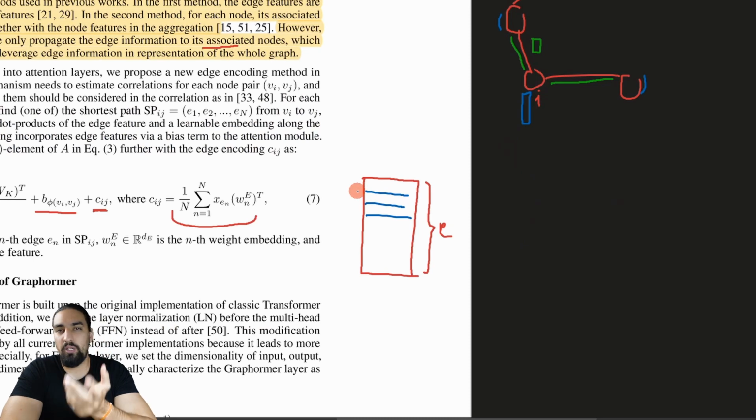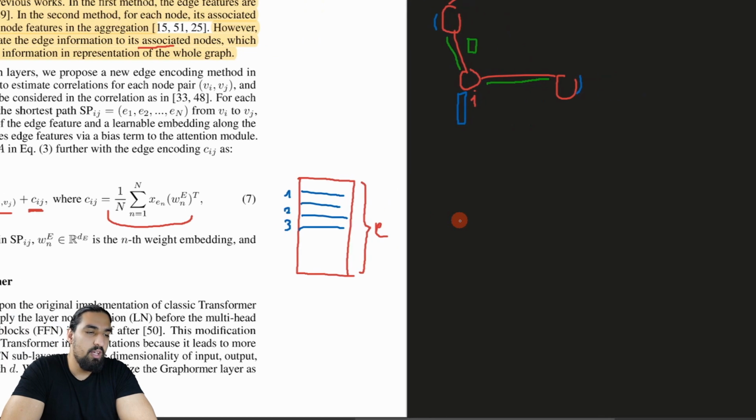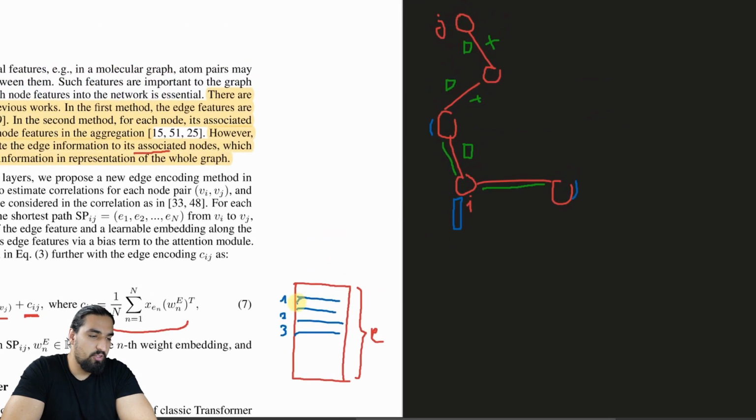These are again randomly initialized initially, so we have 1, 2, 3, etc. So we'll take this vector here, we'll do a product between that vector and this vector here. We'll do the dot product between those two because this is the first edge on the shortest path. So the shortest path is this one, the shortest path between I and J.